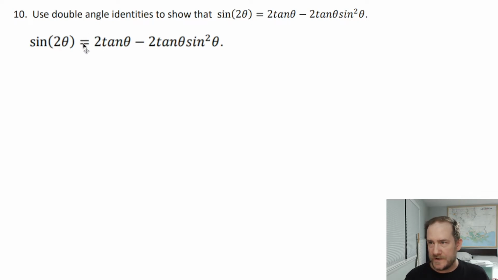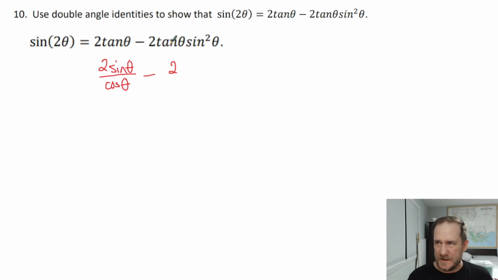Okay, we're trying to turn this into sine of 2 theta. So I will do what I will always do anytime I get the chance, which is just turn this stuff into sines and cosines. So this is 2 sine theta over cosine theta. This is minus 2.